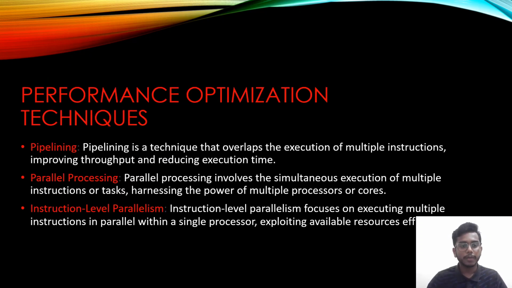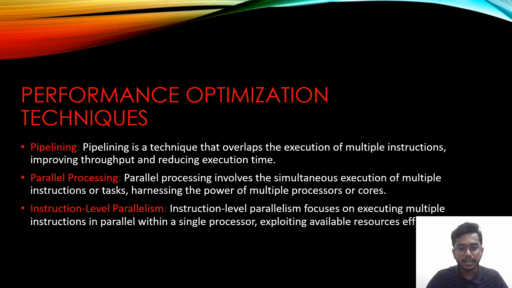So now coming on to performance optimization techniques, we have different techniques to enhance the performance such as pipelining, parallel processing, and instruction level parallelism. Here, many instructions are executed in parallel at the same time to increase the efficiency and give a better output.